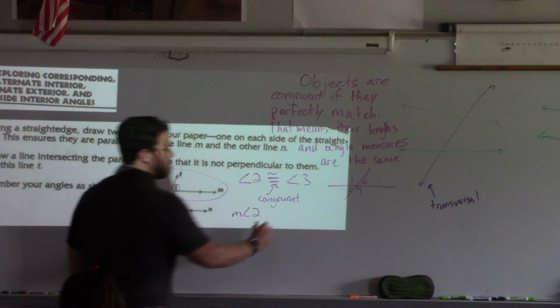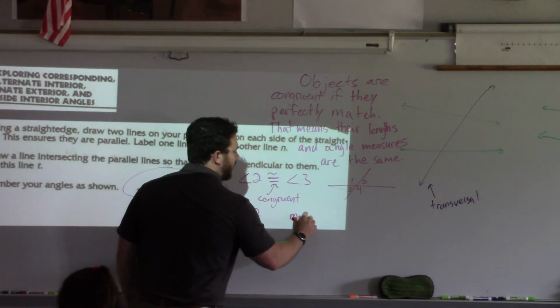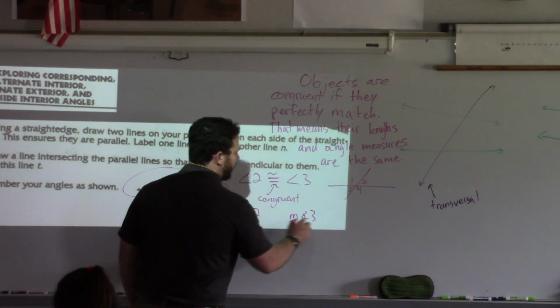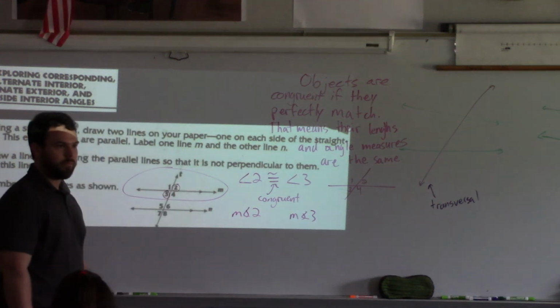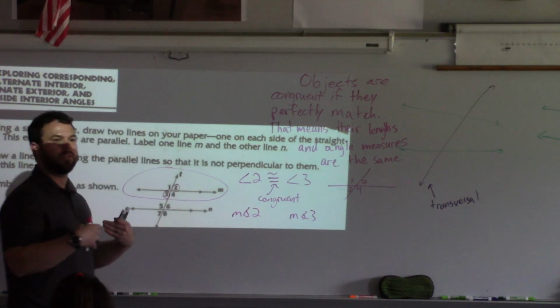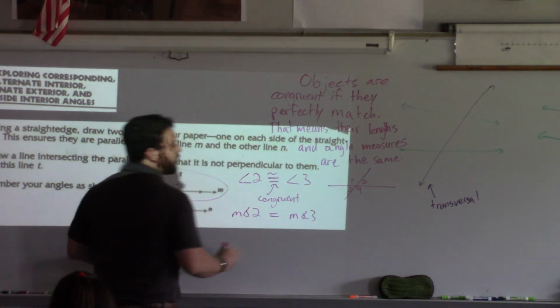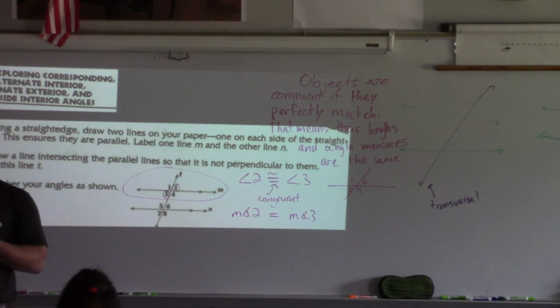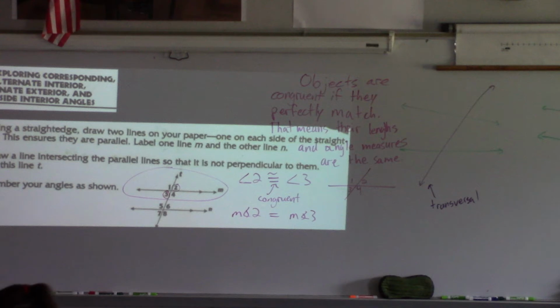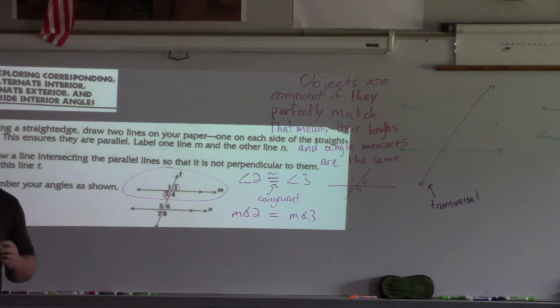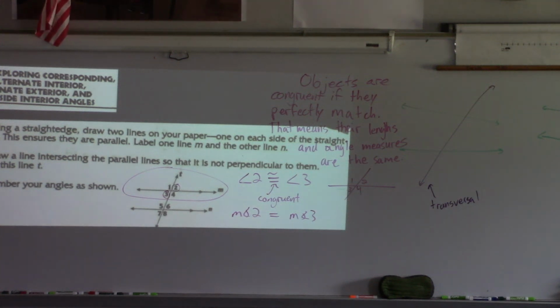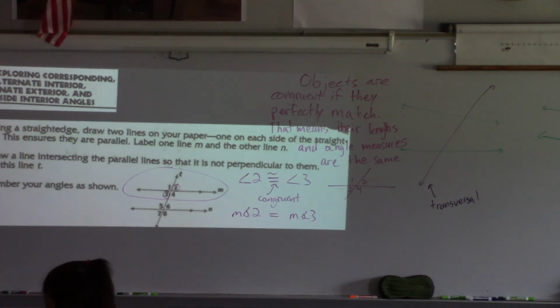Yes. So if the angles are congruent, their measures are what? The same, but what's the mathematical symbol for that? Equal. So the objects are congruent, the measures are equal. We good with that idea? So the geometric figures are congruent, their measures are equal.